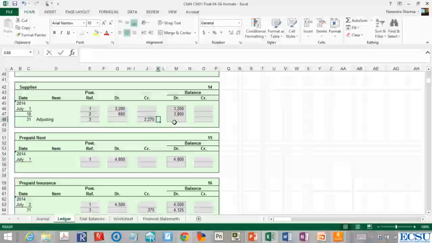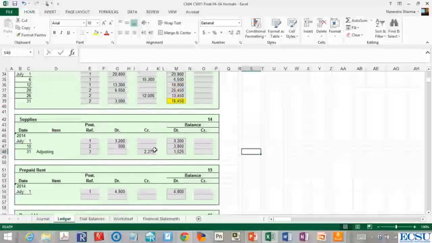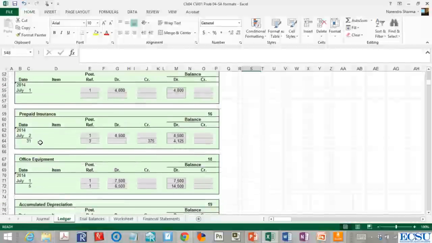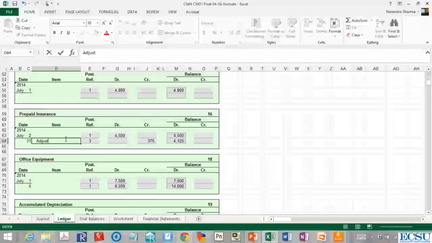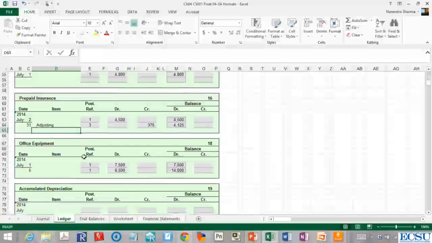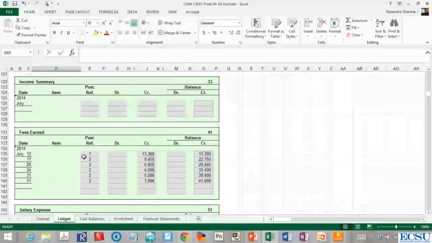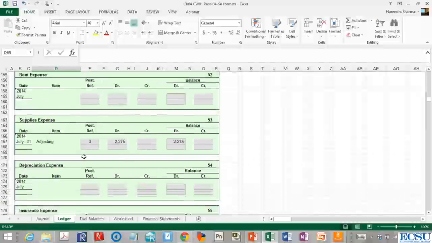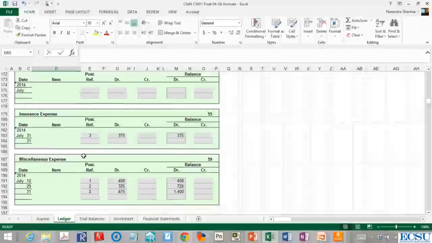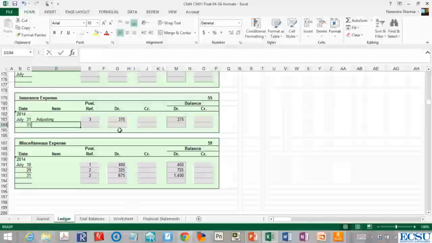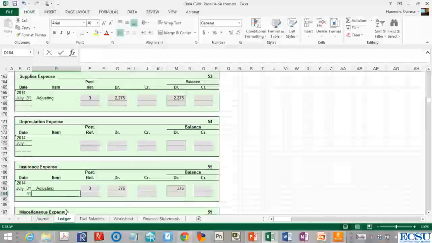So that will give a balance of 1525 here in the supplies account. So let me find those entries that I made out of page number 3 and write adjusting here. I had missed that adjusting. There was a prepaid insurance, and let me see another place. I think it was insurance expense or something like that. Okay, here it is. I should be writing adjusting. Okay, and that's all we have done so far.